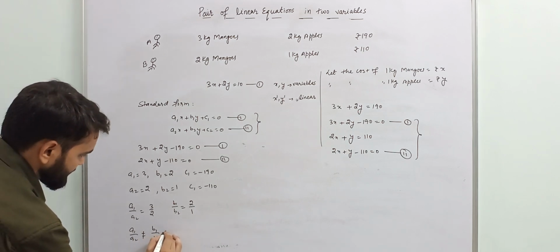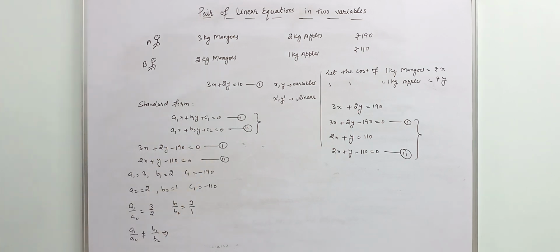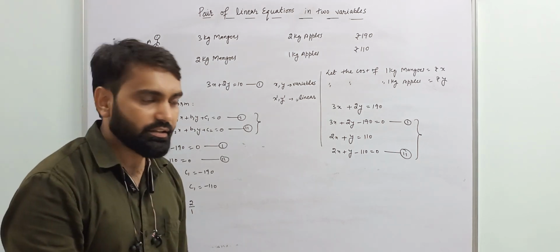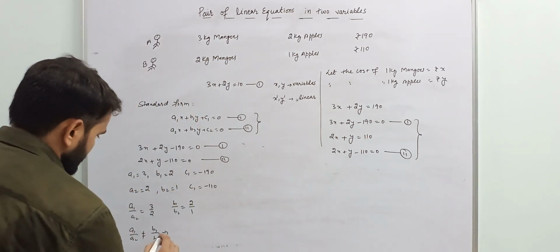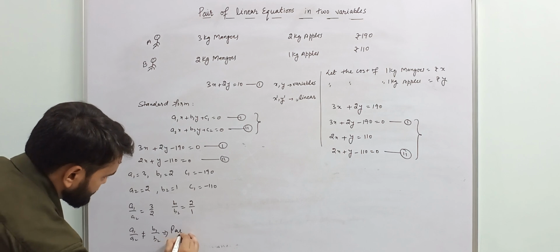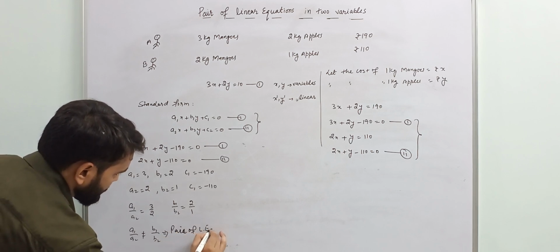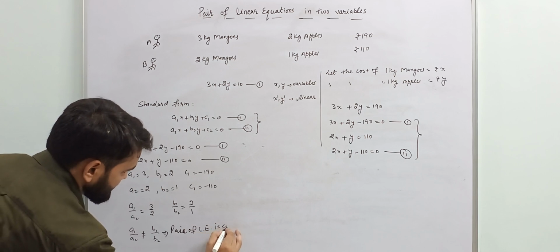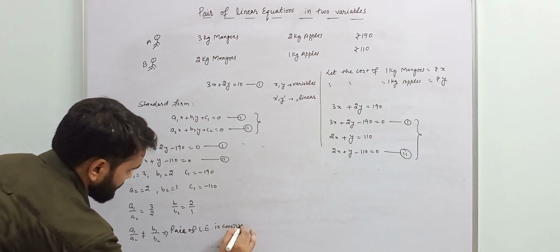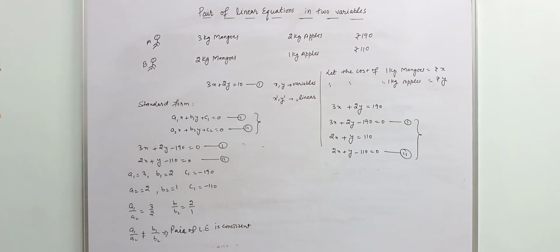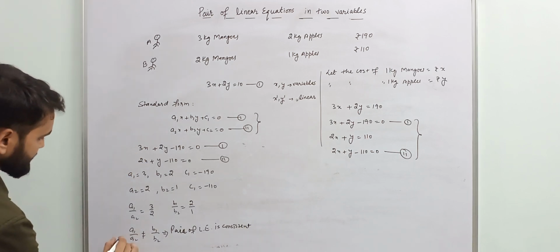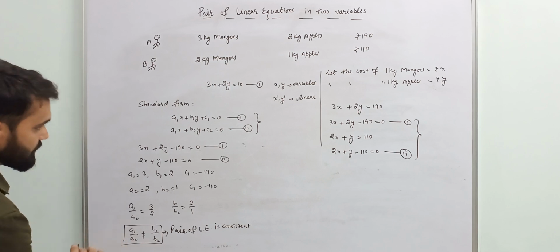So that implies the pair of linear equations is consistent and there will be a unique solution, because this is the condition for a unique solution.